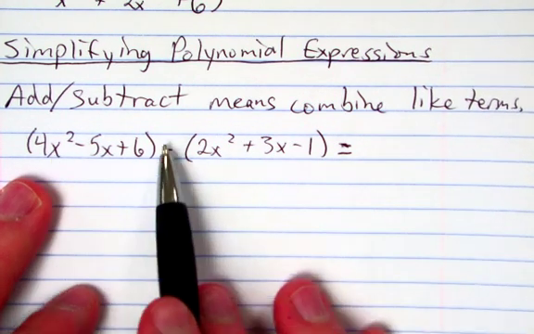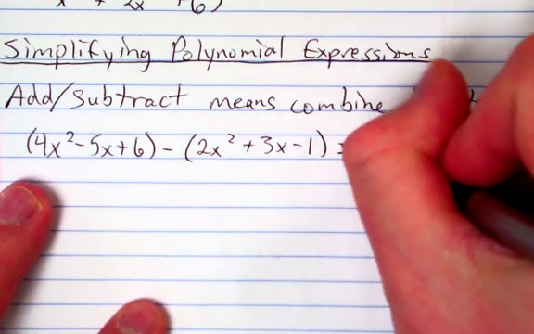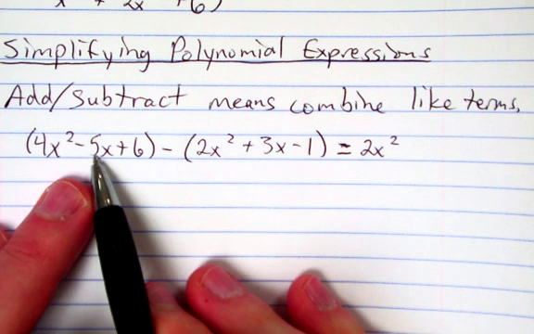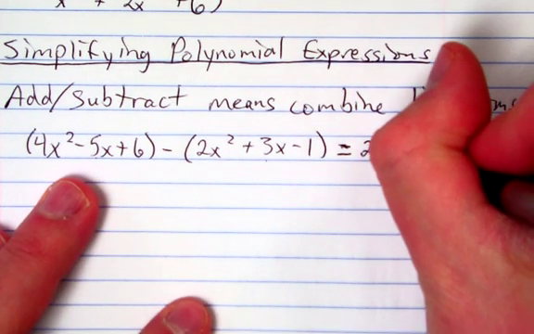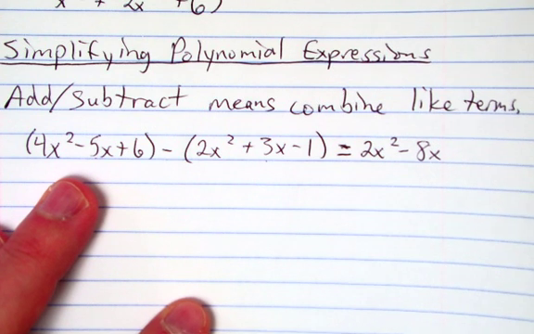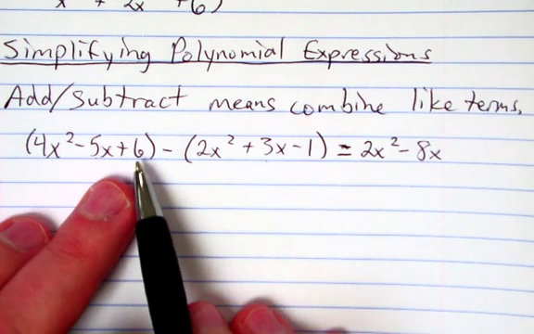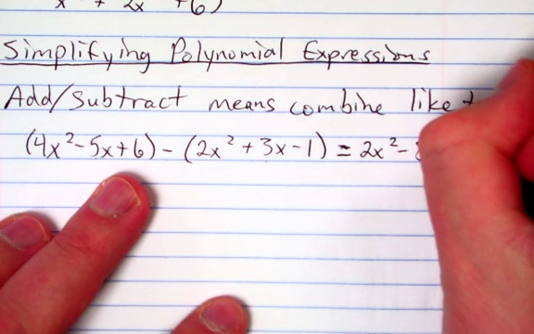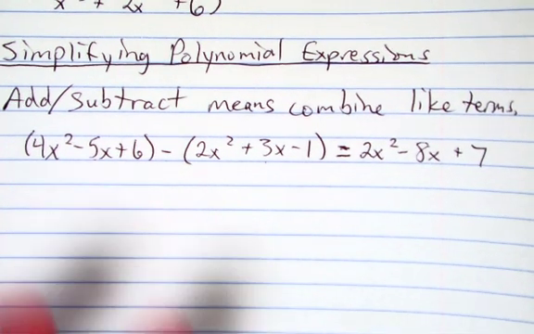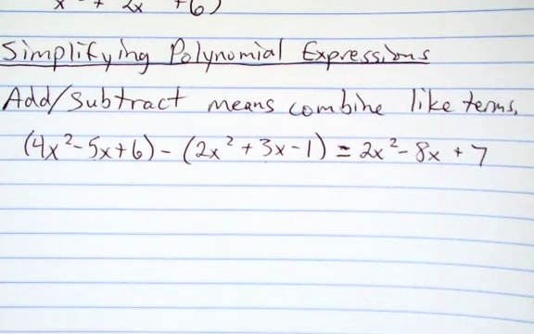So 4x squared minus 2x squared is 2x squared. Negative 5x minus 3x goes further negative, so that's negative 8x. And then 6 minus negative 1 really means plus 1, so that's plus 7. So my answer would be 2x squared minus 8x plus 7.